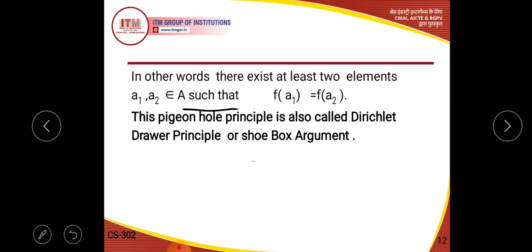It can also be written as A1, A2 belongs to A such that f of A1 is equal to f of A2. The images of A1 and A2 are the same.